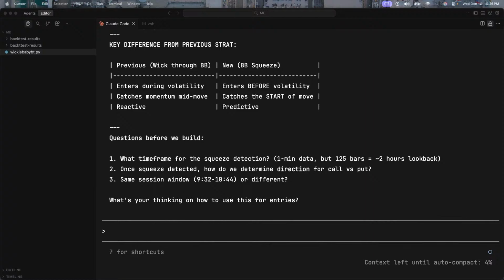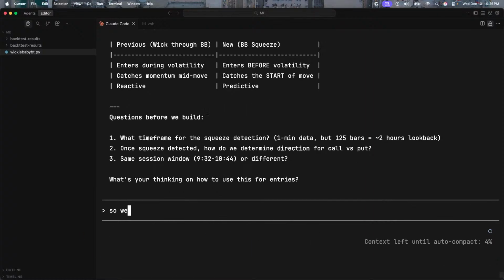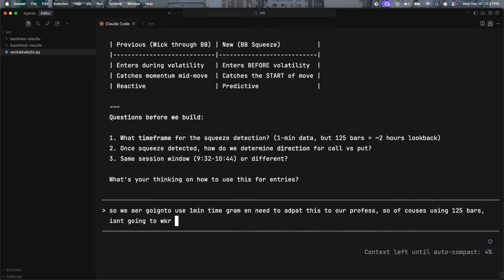So, hold on. We are going to use the 1 minute time frame and need to adapt this to our strat. So of course, using 125 bars isn't going to work here. It needs something that is closer to 15 or 12, right?